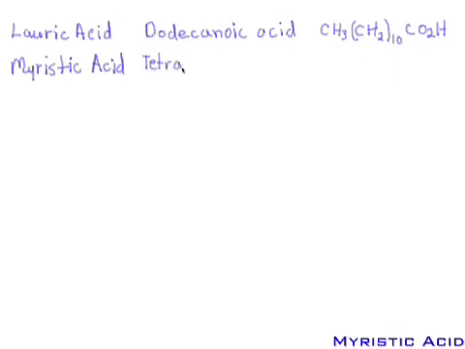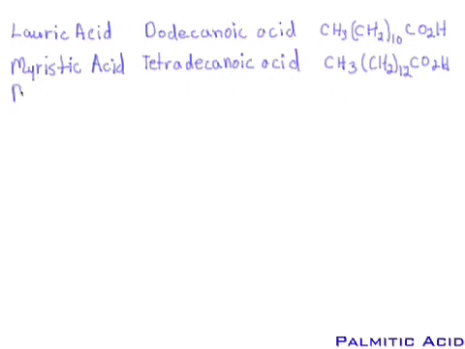Tetradecanoic is 14 carbons. So exactly the same as the previous structure, except now we have a straight chain with 12 CH2s. We can keep going.